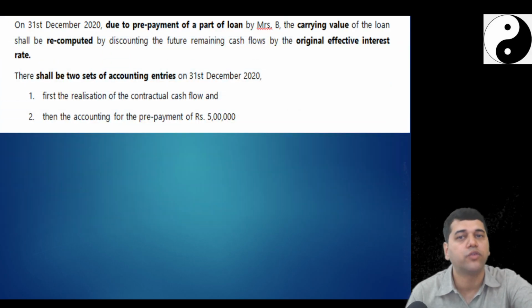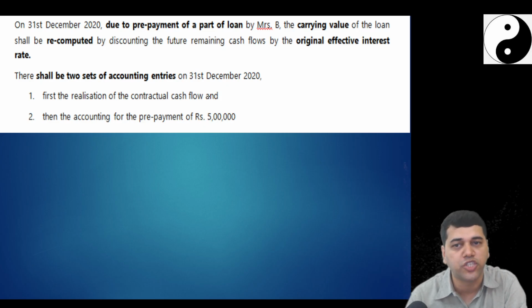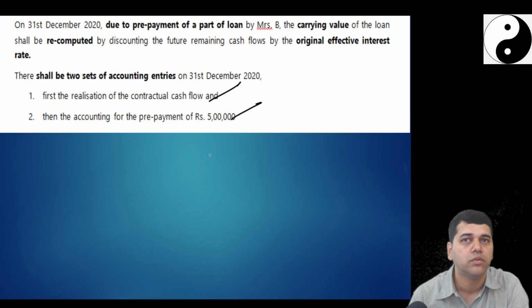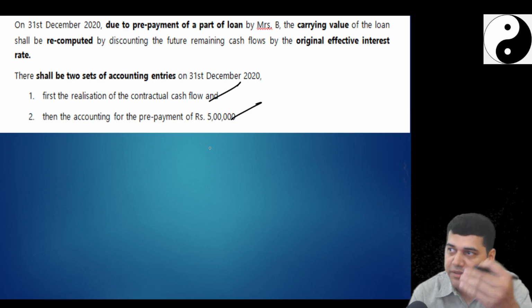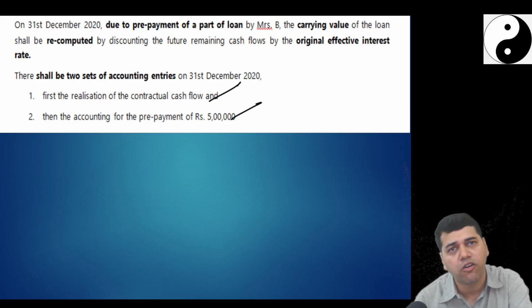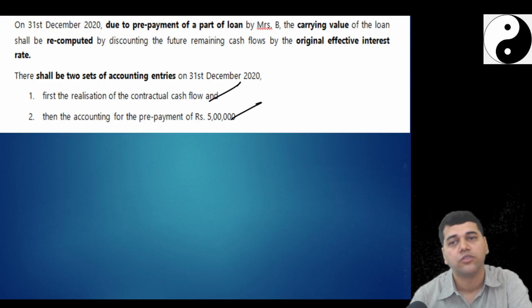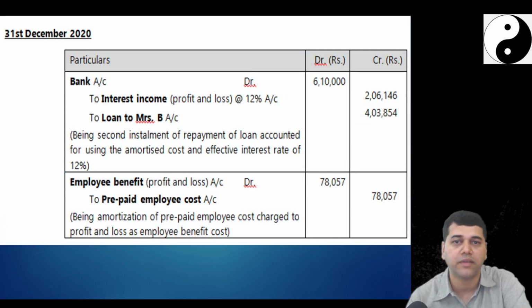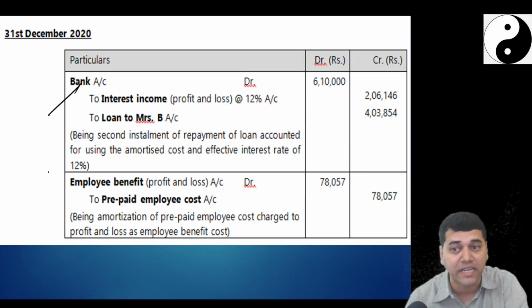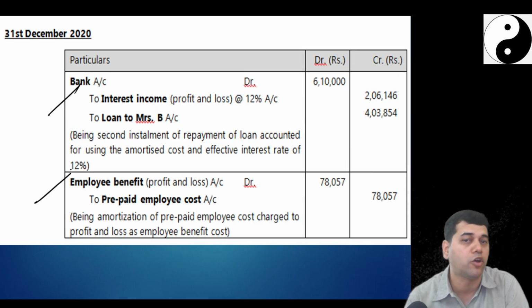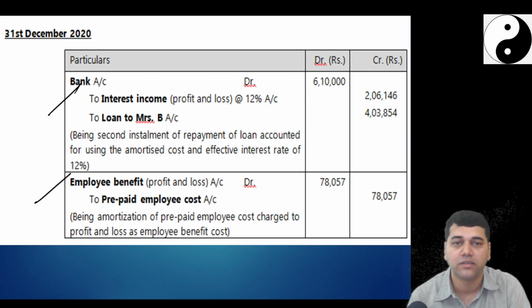Next, there is a prepayment of 5 lakhs, so we have to distribute it into 2 parts. For the distribution, I need the present value of the future pending cash flows, which they have already given in the schedule. So from that schedule, I will take out the cash flows. First I will pass the entries for the first part, for whatever I was normally supposed to receive, 6,10,000.